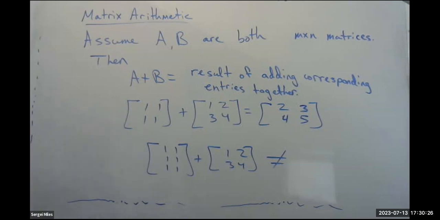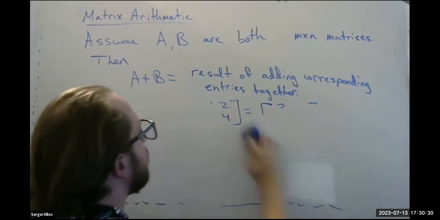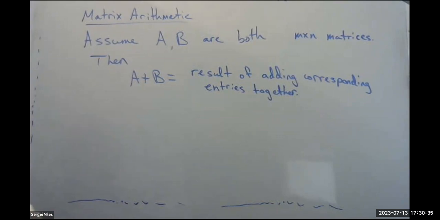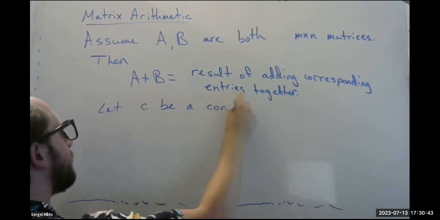Okay, great. What about scalar multiplication? Well, again, it's going to be the same story as what we had with vectors. So let C be a constant.